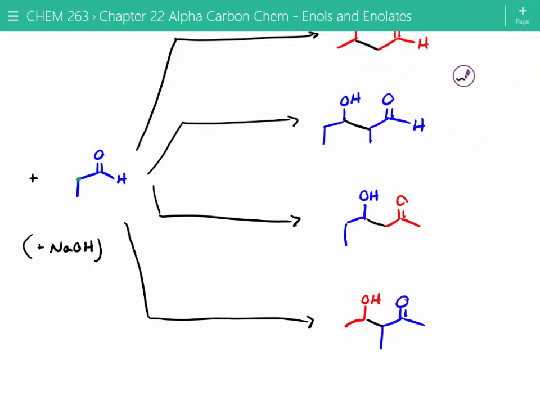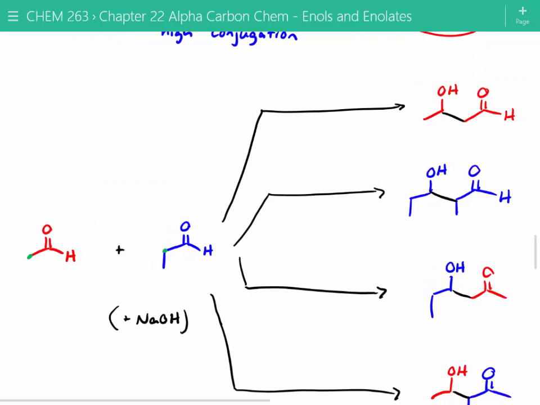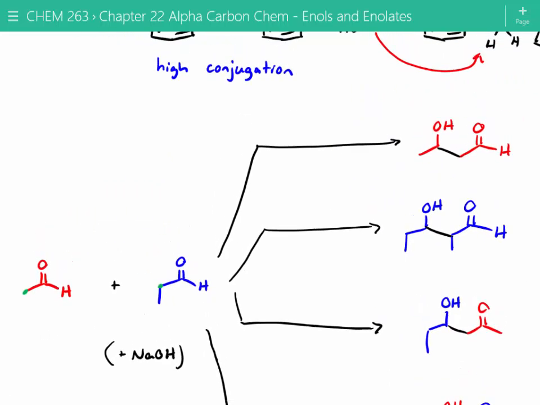And this is pretty problematic, right? And what these are called are cross aldol reactions, not condensations. Yeah, let's go back to that here in a second.